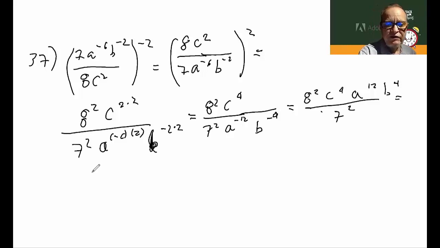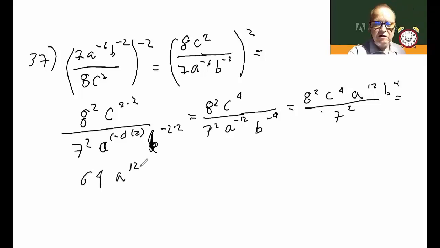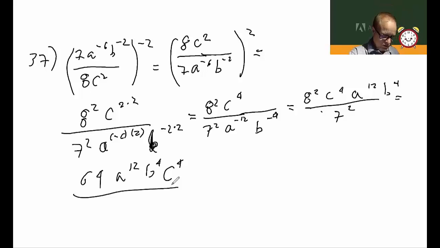So I have 64 a to the 12th, b to the 4th, c to the 4th, and this whole thing is over 49.